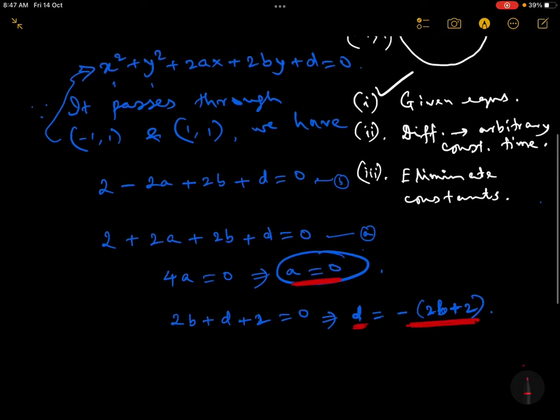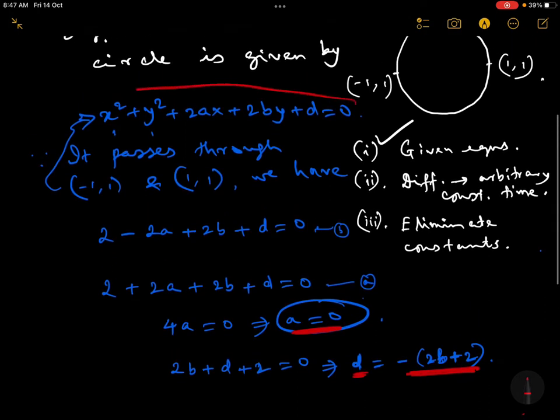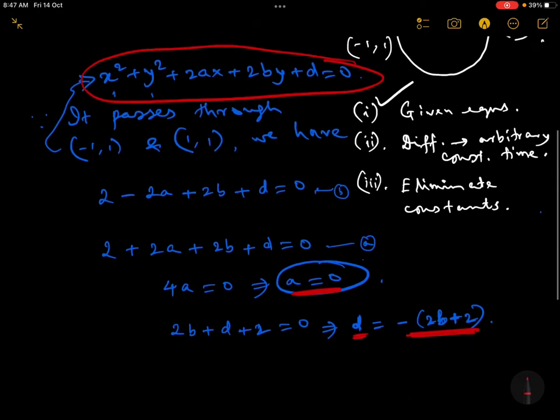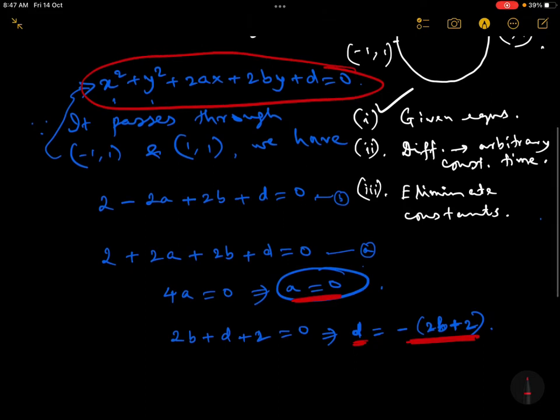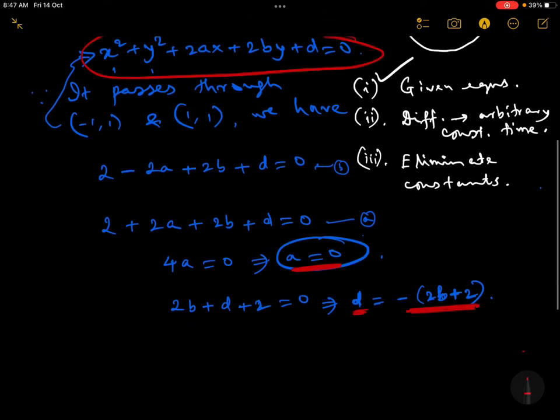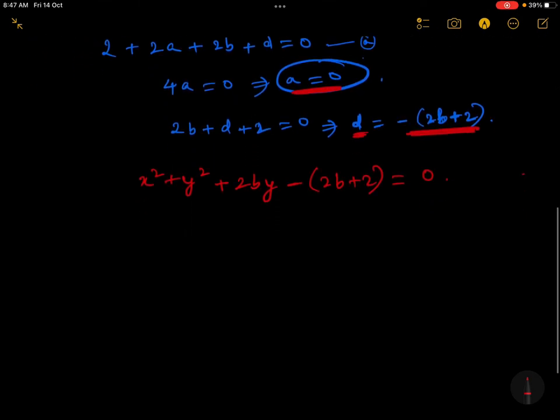And also d is equal to minus 2b plus 2. So we can modify this one at last. The equation becomes, I won't write the things in detail, x squared plus y squared, and this a is gone already, we don't have to write it again, and plus 2by, and minus 2b plus 2 equals 0. So these three arbitrary constants get reduced to just one arbitrary constant. That's something interesting.